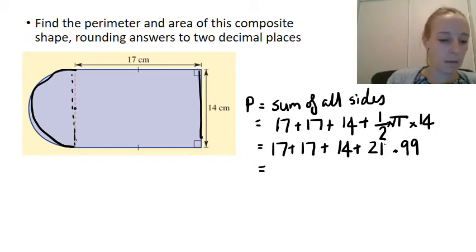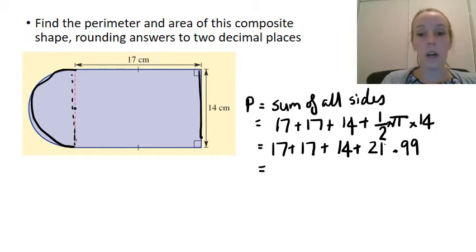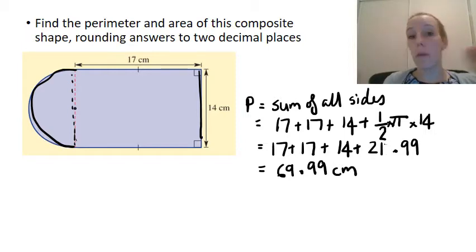Add that all together, 18 plus 17, it's 69.9911. Again, we're just going to round to 2 decimal places. 69.99. And we won't forget our units. So that'll be the perimeter of that shape.